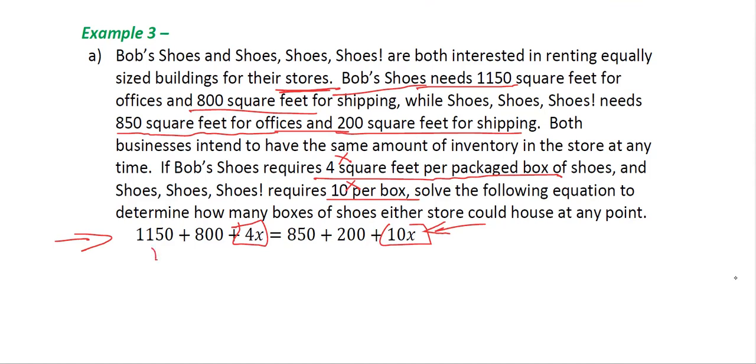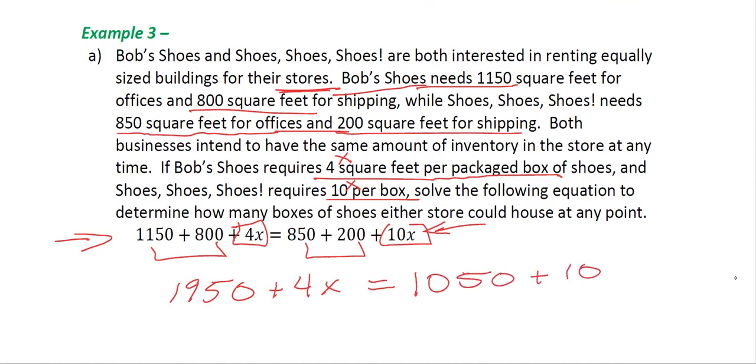So now what I want to do is I want to put together my like terms. So we got 1,150 plus the 800. That gives me 1,950 plus that 4x. That's equal to 850 plus 200, which is 1,050 plus 10x.